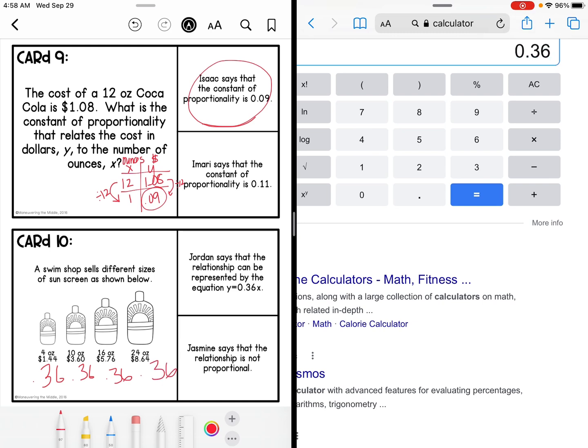So that worked out every time. So I know the relationship is proportional, and it's 36 cents times the number of ounces.